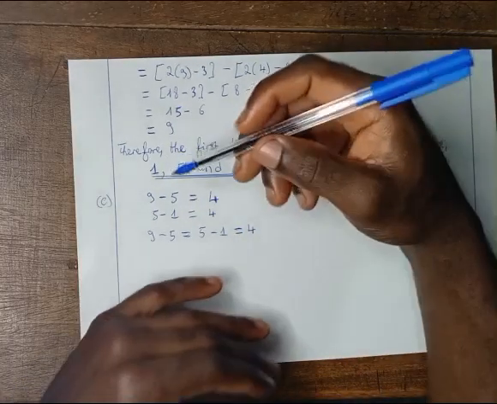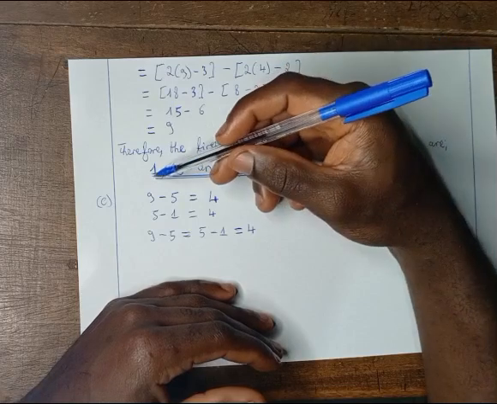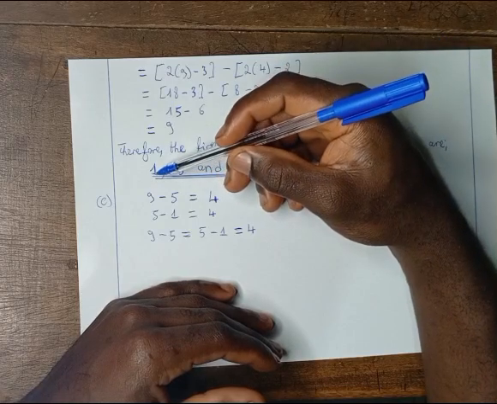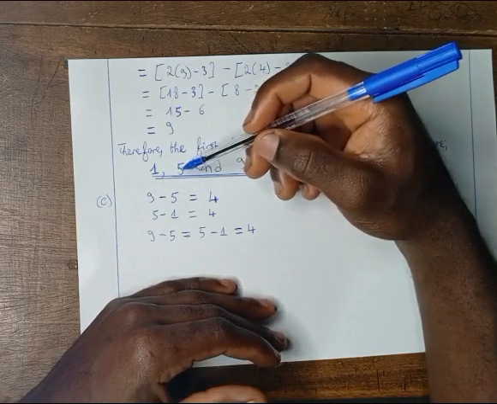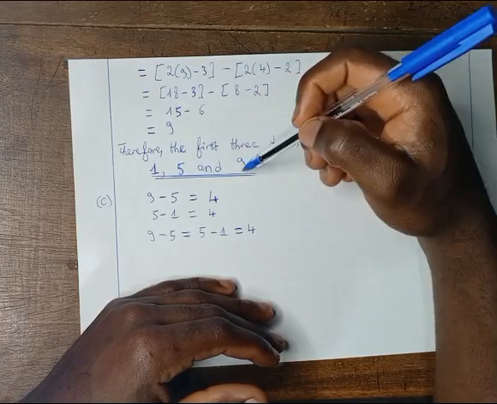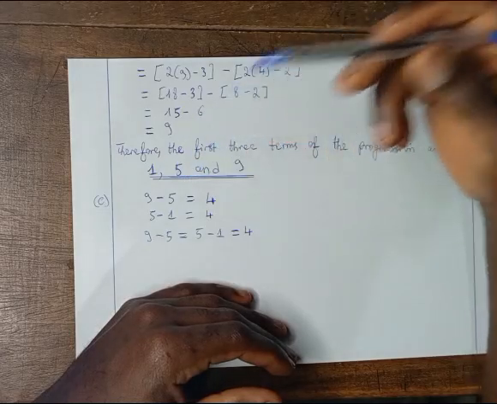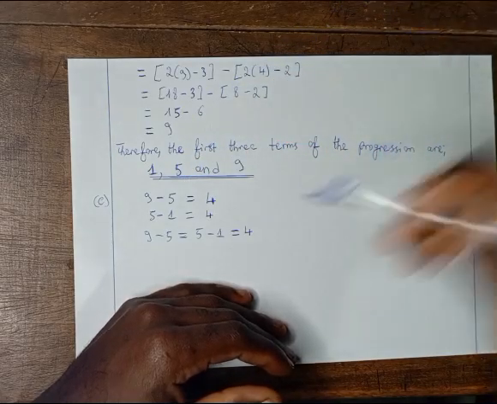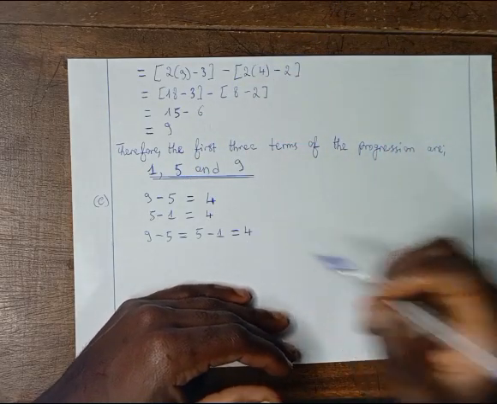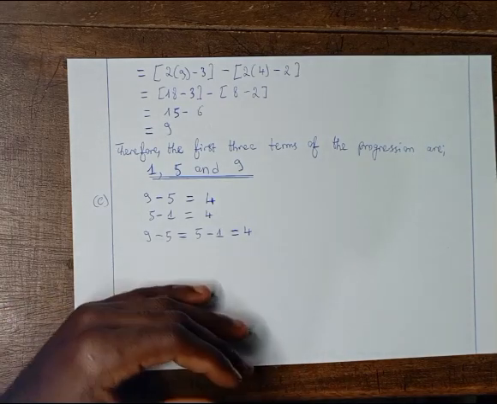So for us to get the second term, 4 is added to the first term. 1 plus 4 gives us 5. For us to get the third term, 4 is added to 5. 5 plus 4 gives us 9. The constant 4 is being added to the previous term to get the next term. And this constant 4 is known as the common difference.